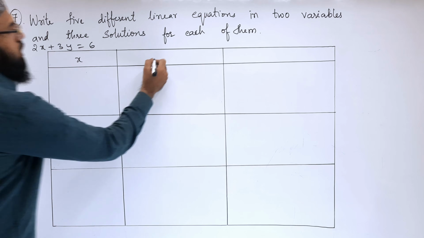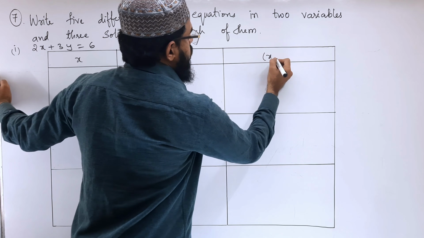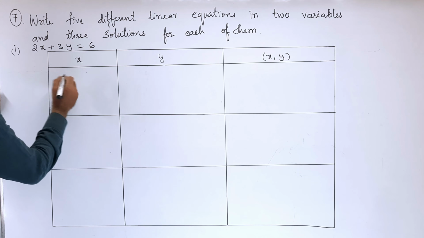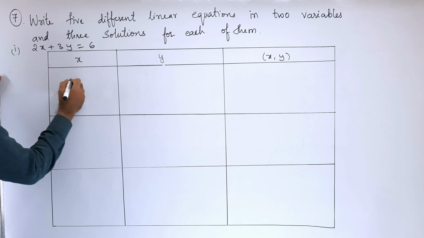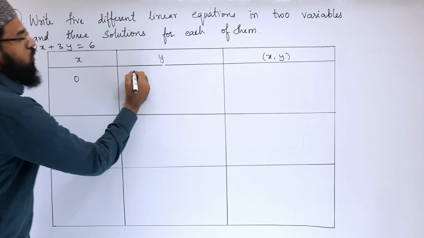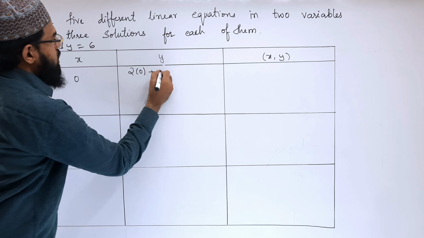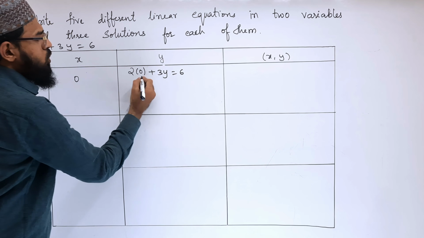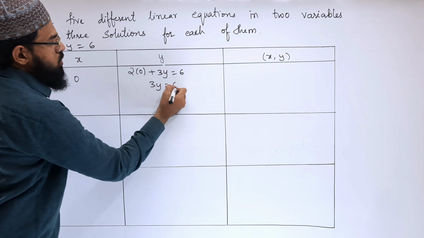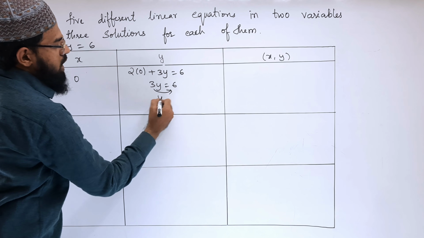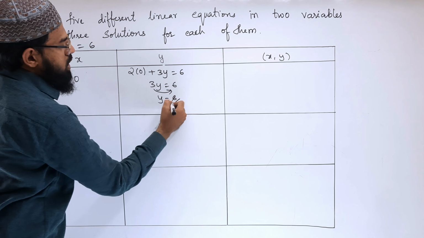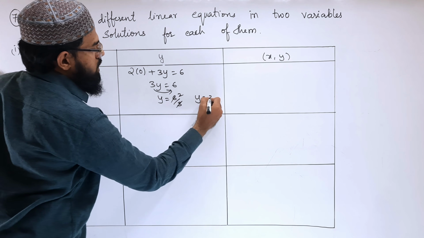So this will be x, y, x comma y. Now let us take x is equals to 0. So if x is 0, we get 2 into 0 plus 3y is equals to 6. 2 zeros are 0, 3y is equals to 6, 3 goes down. So y is equals to 6 by 3, 3 1s are 3, 3 2s are 6. So therefore y is equals to 2.